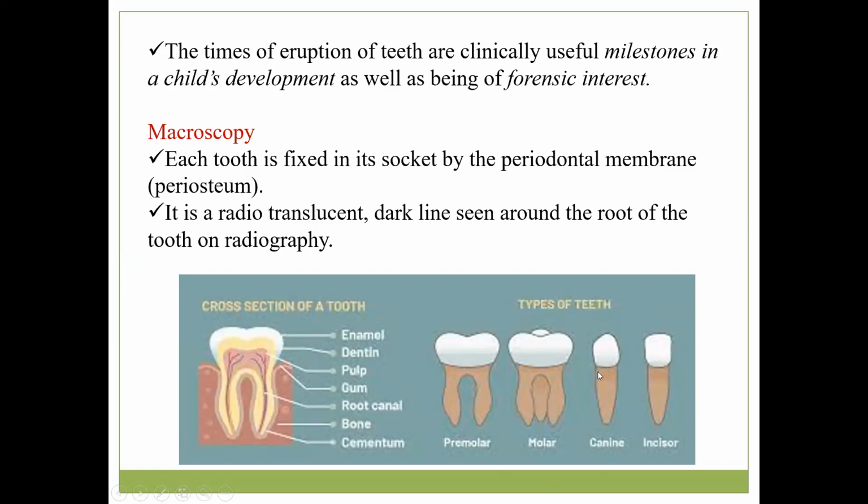The incisor and the canine have one root. Molar has 3. Premolar has 2. That is how you identify those when they are separated from the skull.